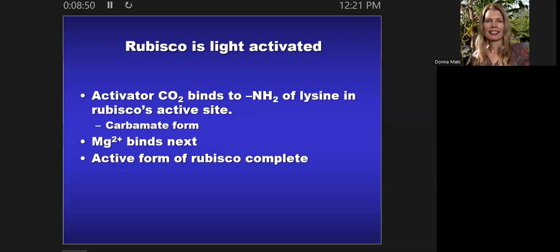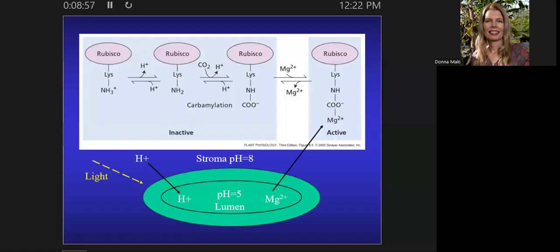So how can this be light activated? This is a little more challenging concept here. So basically, I've tried to draw it here. Okay, so up top is the Rubisco on the far left. They're saying this Rubisco is in its inactive form. There's the lysine that's supposed to be in the active site.